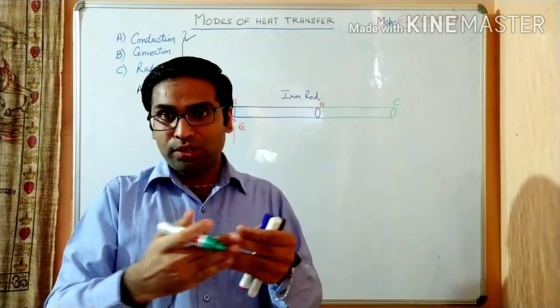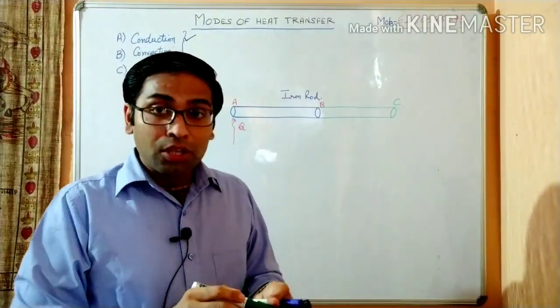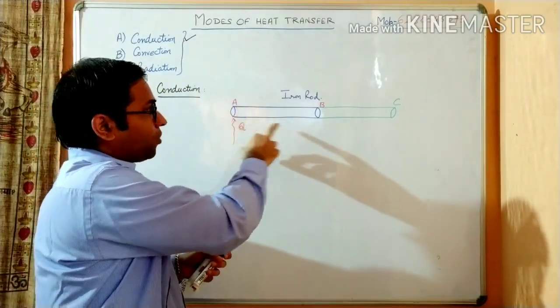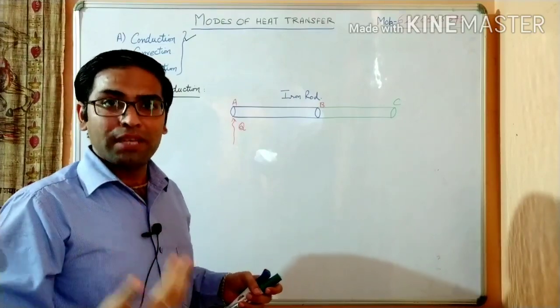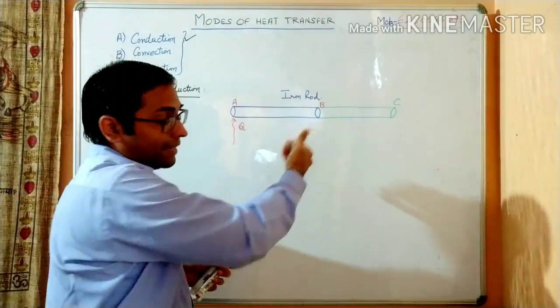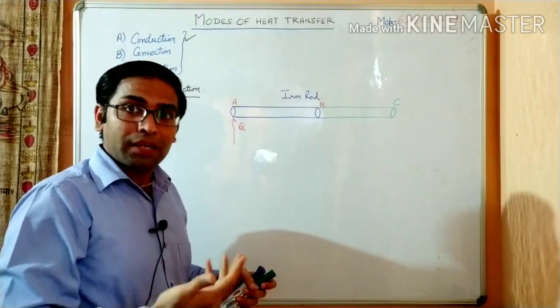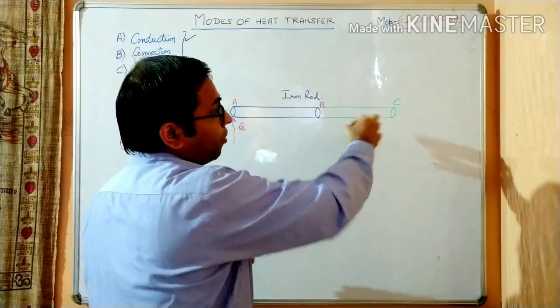These are in direct contact with each other at this interface B. So if you supply heat to end A of the rod AB, ultimately after a few seconds or minutes, end B will get heated up. And thereafter, after a further time interval, the end C will also get heated up.